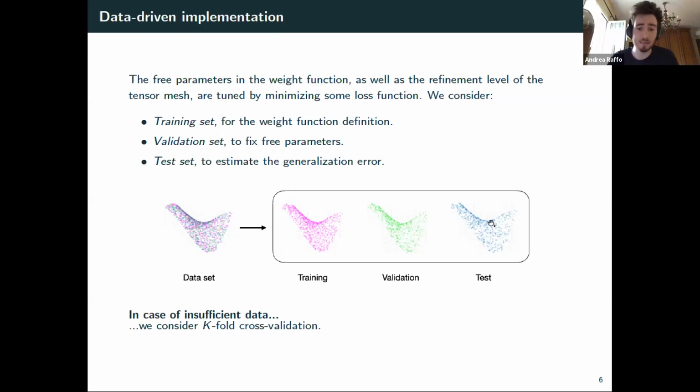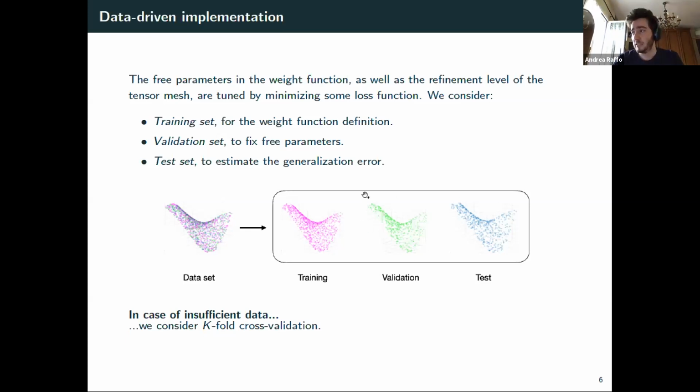The training set is used as input of the weighted averages. For example, I was talking just a few minutes ago about the 10 nearest neighbor. Well, the training point cloud is going to be an input of the 10-NN.